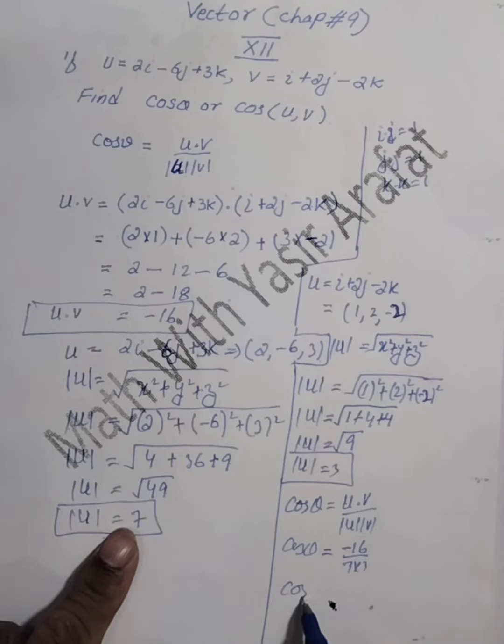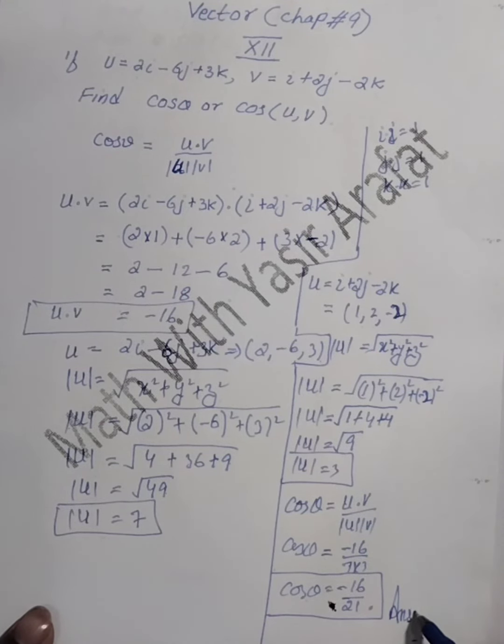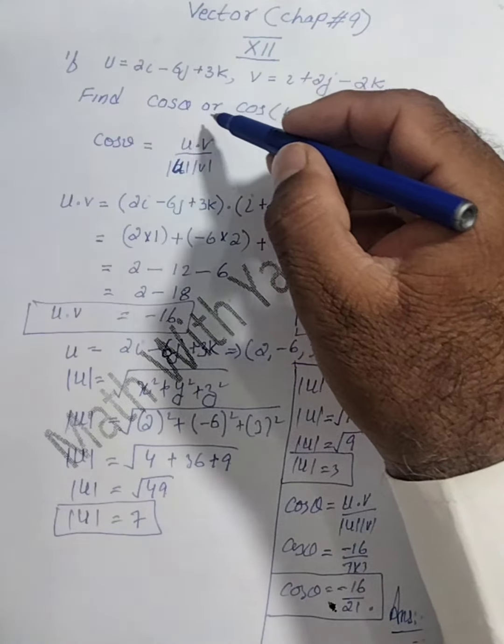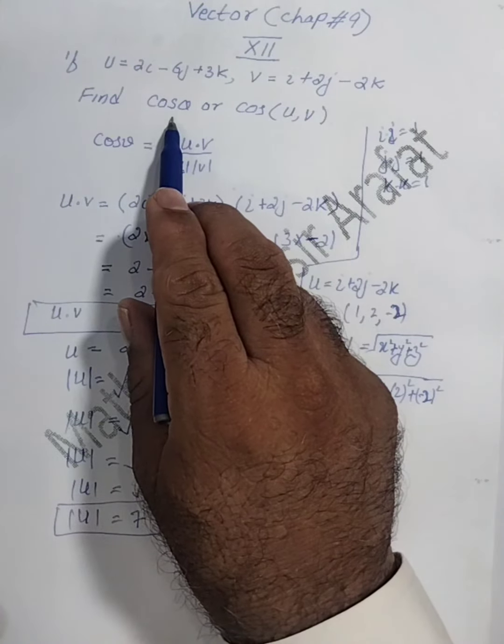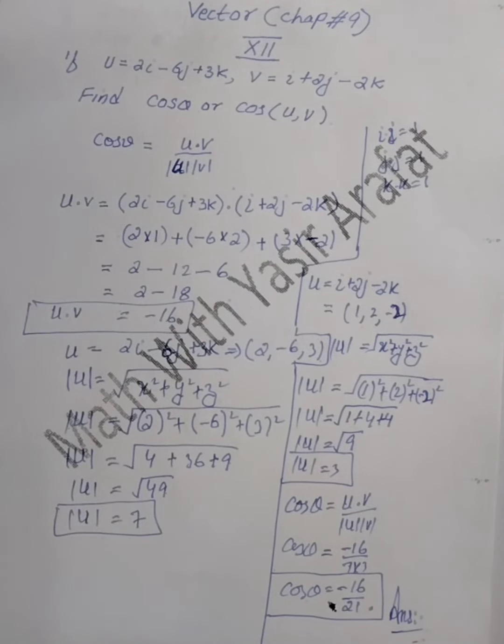So this is the cos theta, minus 16 over 21. This is the cos theta here, and this is the answer of this question. So this is the procedure to find out the cos theta. When we have to find out the cos theta, that means we have to use the dot product there.